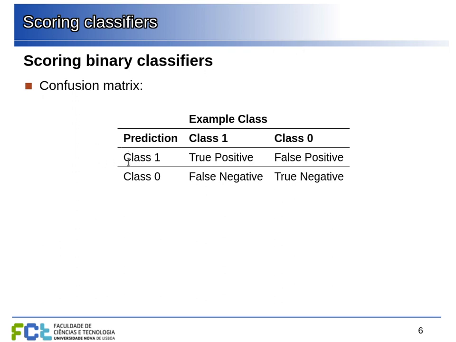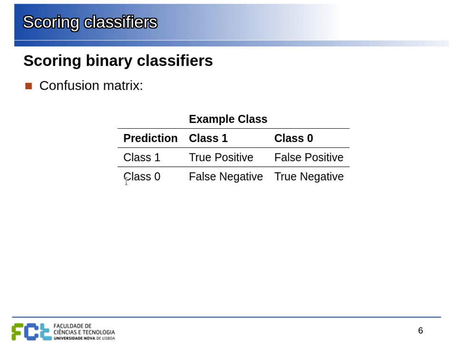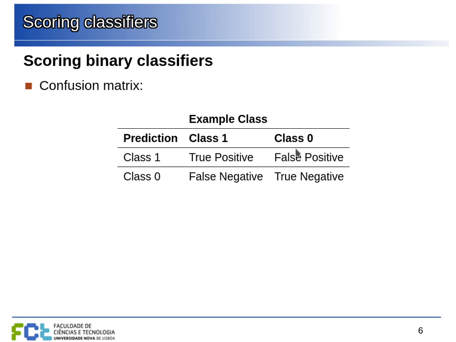We can consider that the different rows represent the different predictions. For example, in this first row, we are predicting the points belong to class 1. In this row, we predict the points belong to class 0. And in these two columns, we have the actual class of the points.